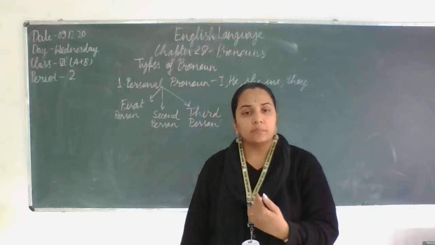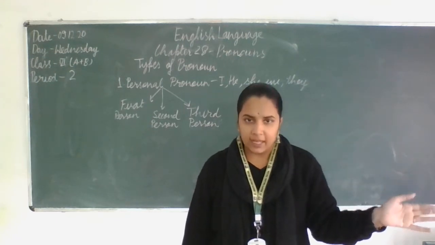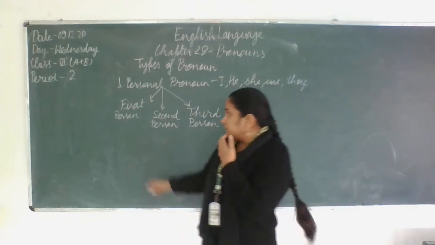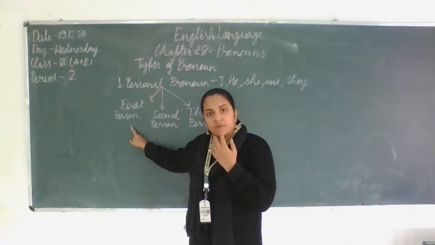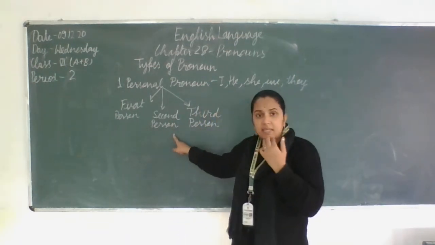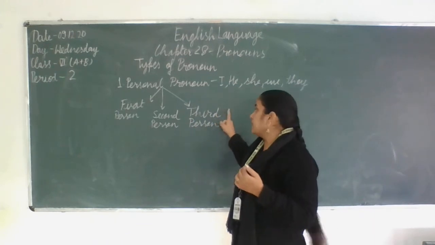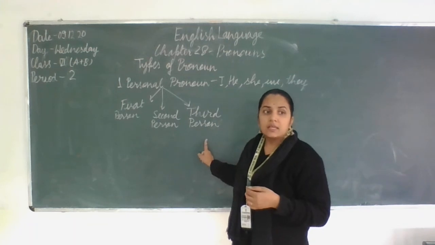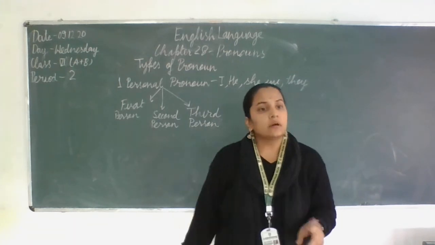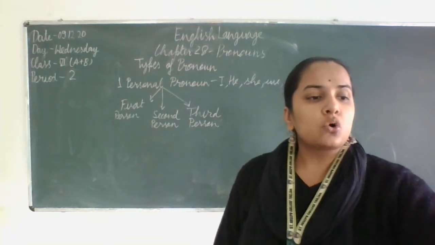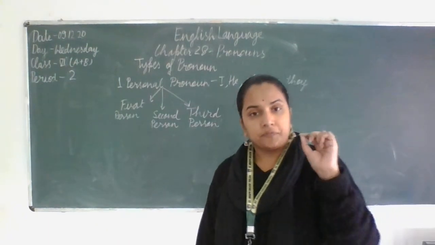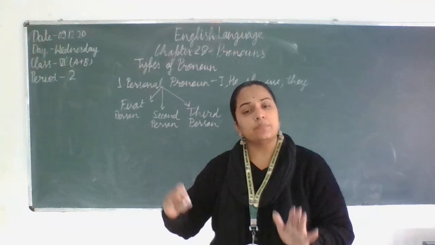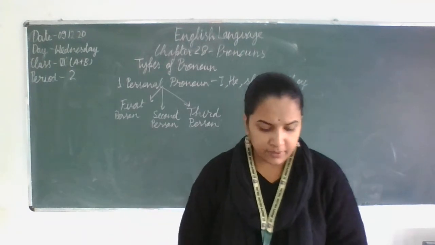Suppose you and I are talking about someone else, that is the third person. So the one who is speaking is the first person, the one who is listening is the second person, and the one about whom the first person is speaking is known as the third person pronoun. So every form of the pronoun has its first person, second person and third person.